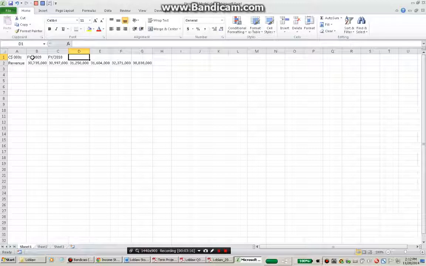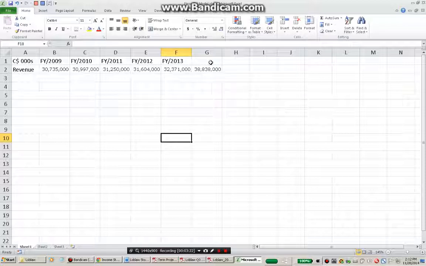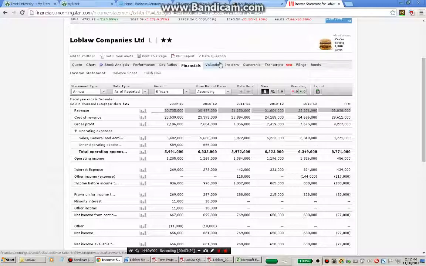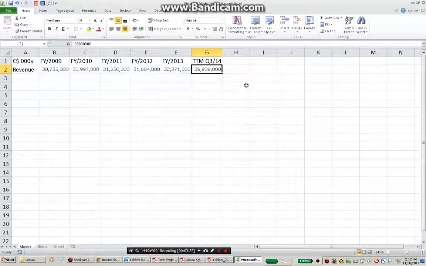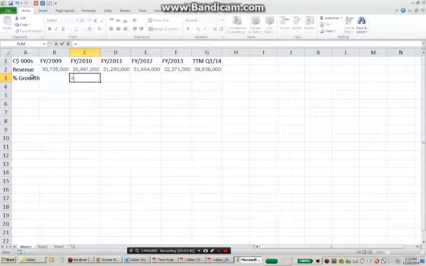I wonder if I can just drag this over. Good. And then this is trailing 12 months, TTM, as at Q3 fiscal year 2014. Percentage growth equals our new revenue divided by our original revenue, subtract 1.